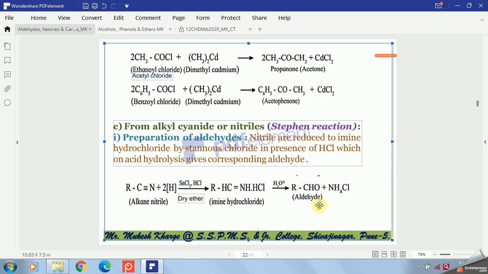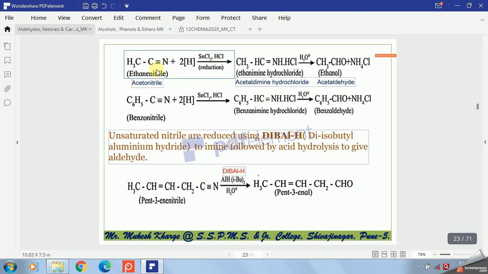a product. Okay, so let us see the example. If R is CH3, then methyl cyanide or acetonitrile, IUPAC name ethanenitrile, on reduction, so add hydrogen to the carbon nitrogen triple bond. What do we get?